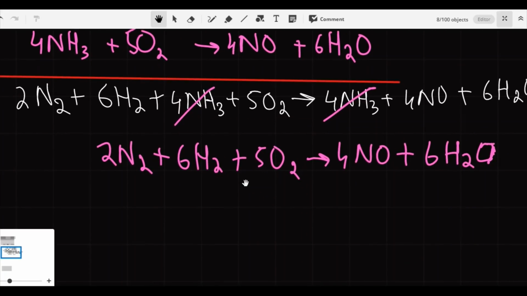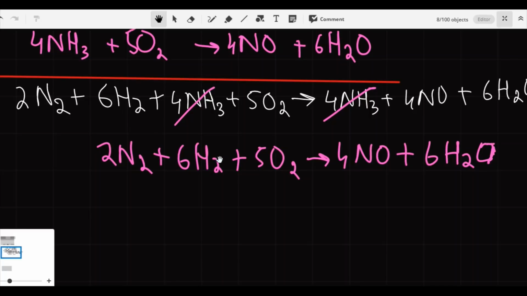You need to notice that the intermediate NH3 cancels out of the net reaction. So Hess's law tells you that you can find the net reaction enthalpy by adding up the reaction enthalpies of the steps in exactly the same way.